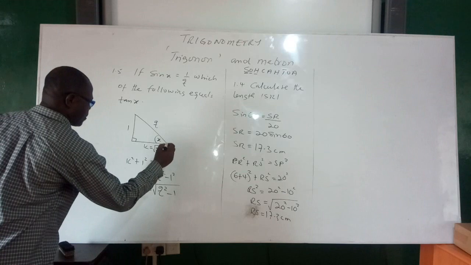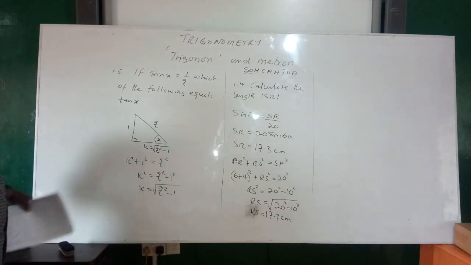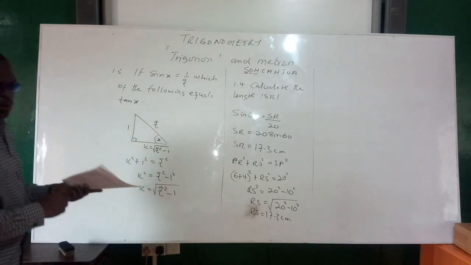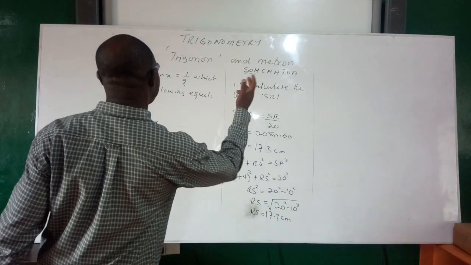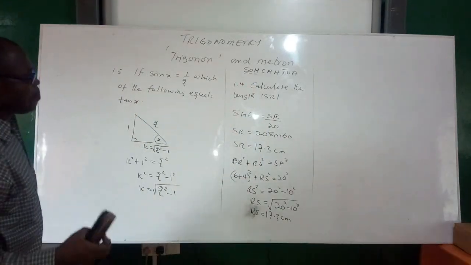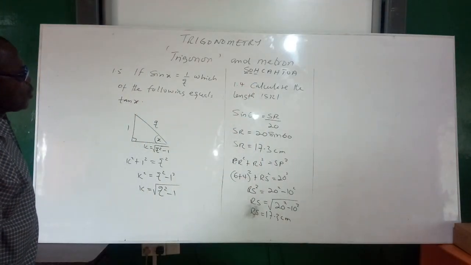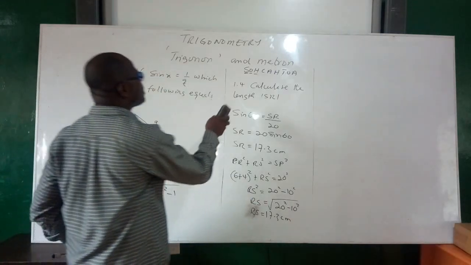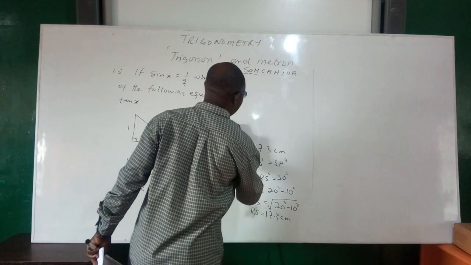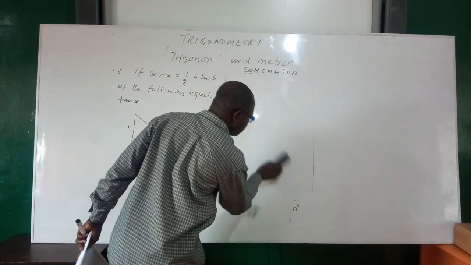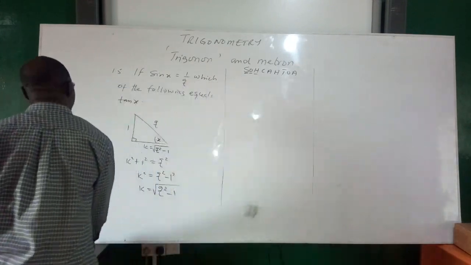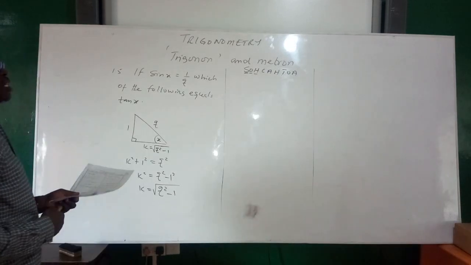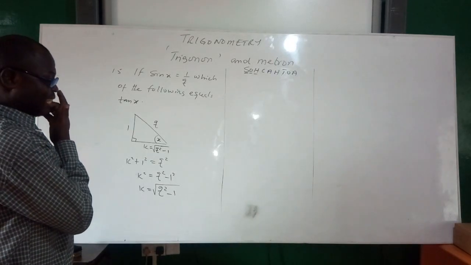Then we go back to the popular acronym for our study of trig, which is SOHCAHTOA. Now we know all the sides, so let's use the definition. Tan is opposite over adjacent.